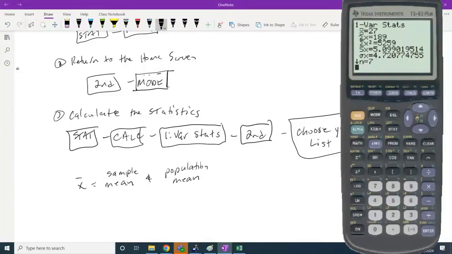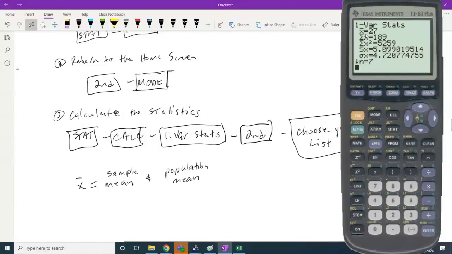So when you see X bar, that could be the sample mean or the population mean, because sometimes they'll ask you these little weird questions about the sample mean and the population mean. But since this is an actual sample of 8 items, this would actually be the sample mean.